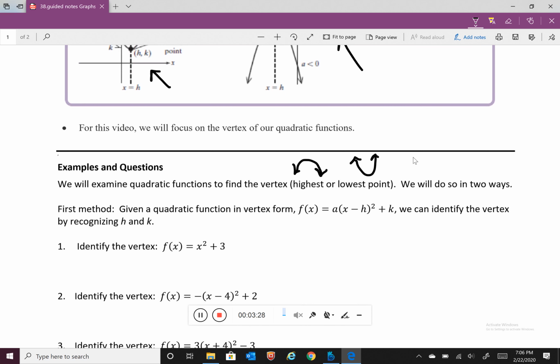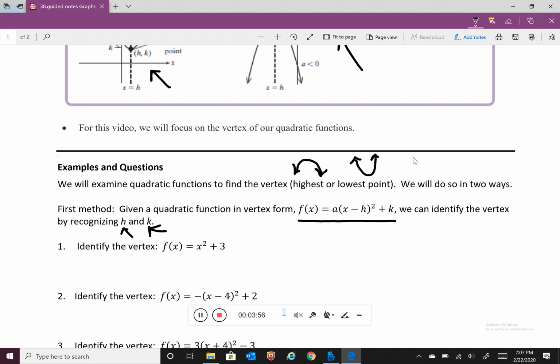So the first method, we're going to look at quadratic functions which are in vertex form. Vertex form is f of x equals a, which is our leading coefficient, times the quantity x minus h, quantity squared, plus k. And the vertex is going to be identified by recognizing the value of h and the value of k.